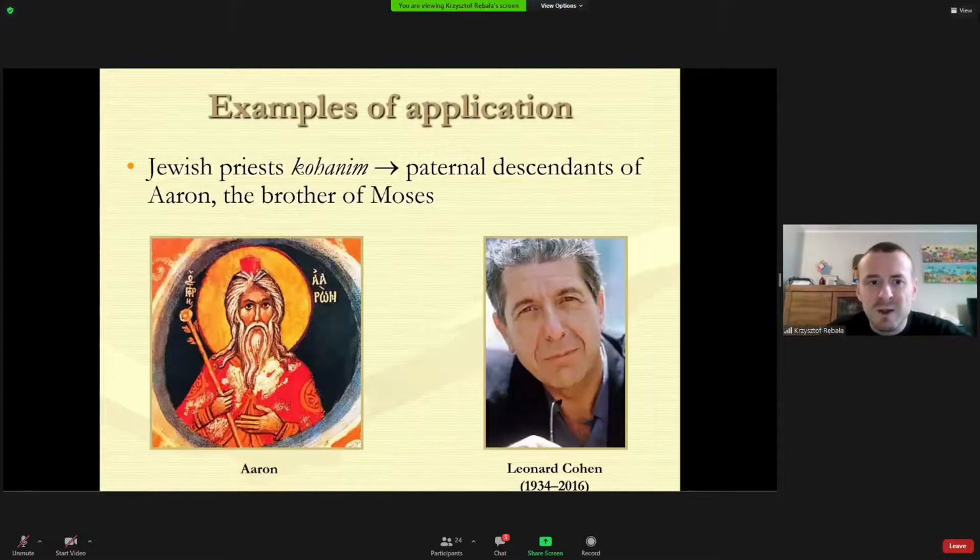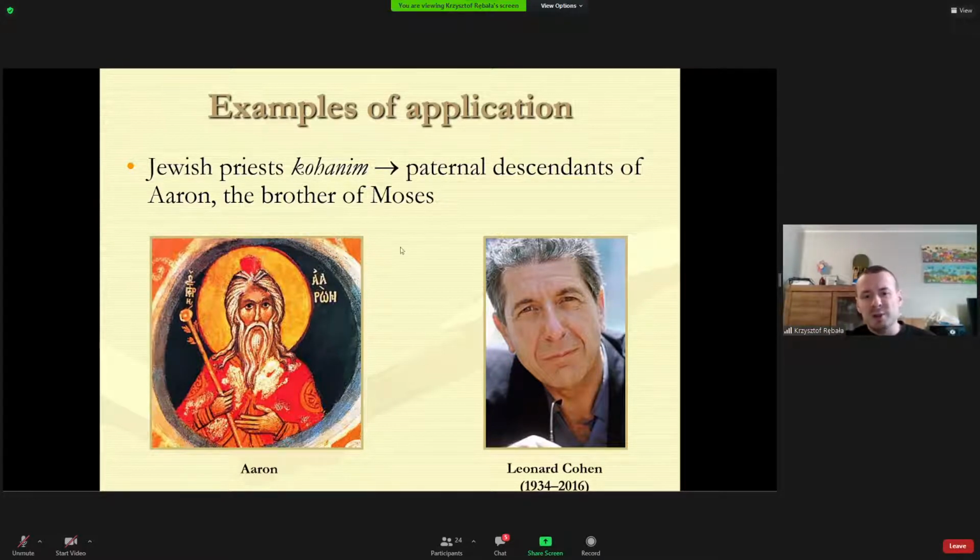Okay, let us go further. And here is an example of application. One of the genetic studies concerned Jewish priests, Kohanim, because according to Jewish tradition, the Kohanim could be only paternal descendants of Aaron, who was the brother of Moses.